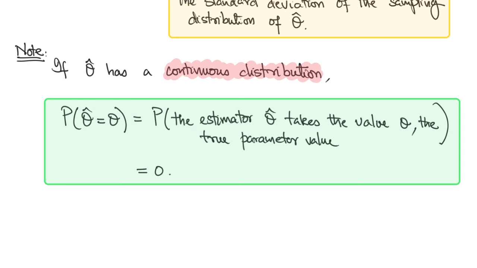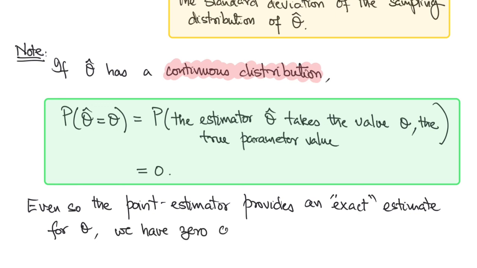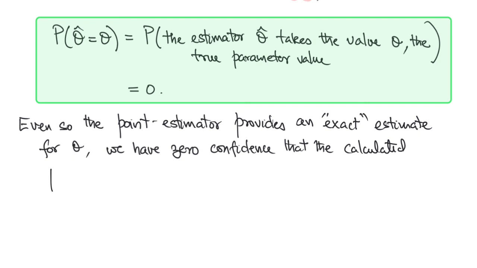This means that even though the point estimator provides us with an exact estimate for the value of theta, we have almost zero confidence that the calculated point estimate will actually equal the value that we're trying to estimate, that is theta.